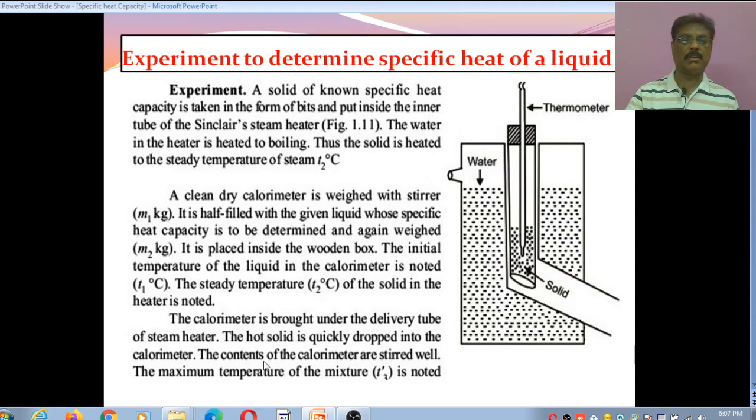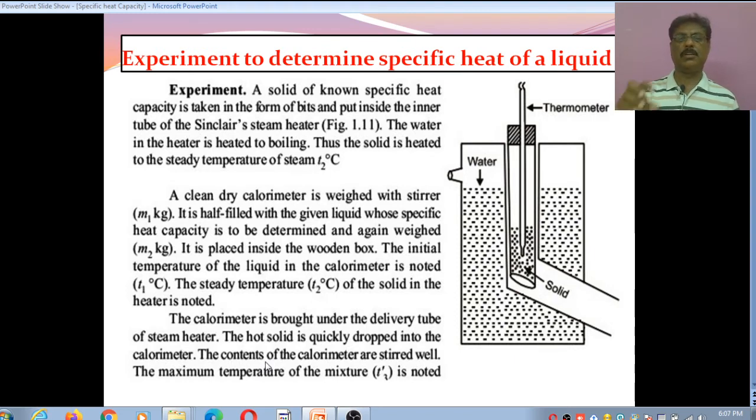Now the content of the calorimeter is stirred well. So you mix the contents using the stirrer, and now you can notice that the hot solid loses temperature, and at the same time the liquid gains temperature.